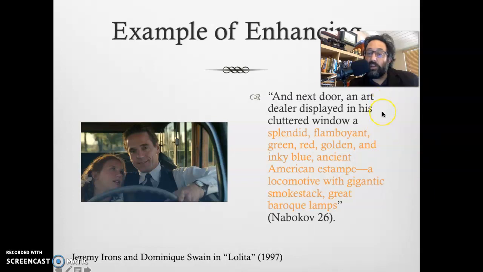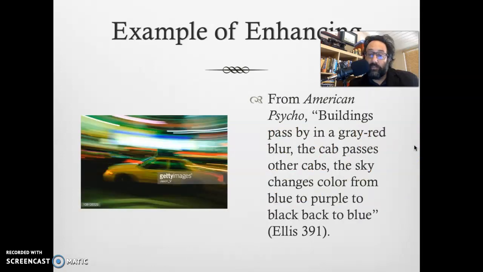And next door, an art dealer displayed in his cluttered window a splendid, flamboyant, green, red, golden, and inky blue ancient American estampe, a locomotive with gigantic smokestack, great Baroque lamps. And that's an example of enhancing.